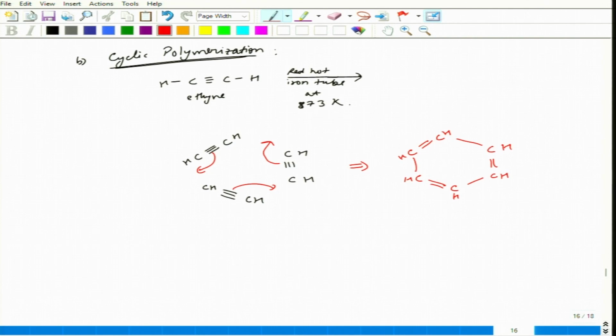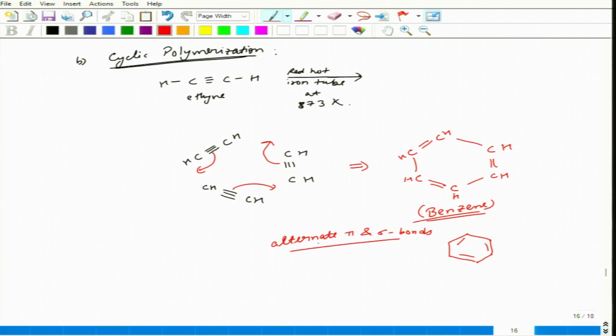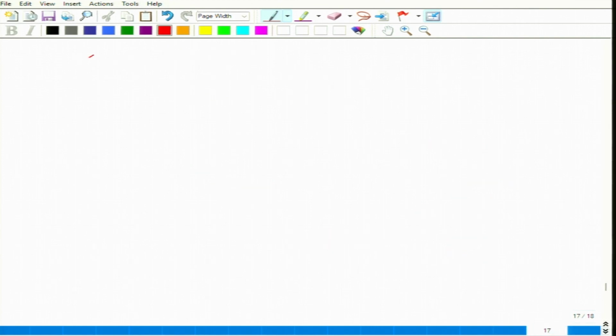If you carefully see, what this is forming is nothing but benzene. This is benzene, which is represented like this. You have seen that there are alternate pi and sigma bonds, and this can be represented as one of its forms.